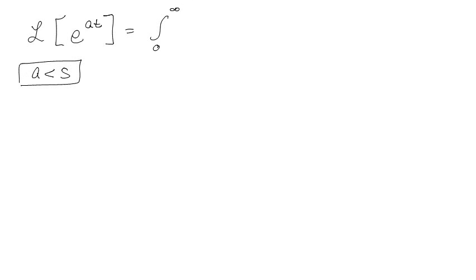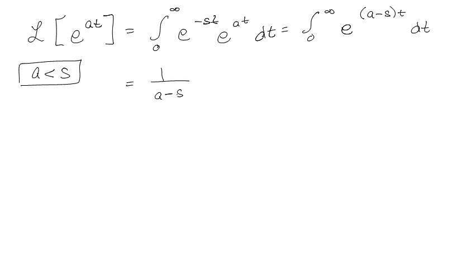So 0 to infinity, e to the minus st, e to the at, dt. 0 to infinity, e to the (a minus s)t, dt. 1 over (a minus s), e to the (a minus s)t, evaluated from 0 to infinity.